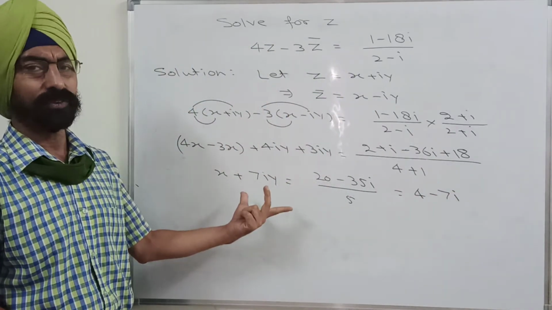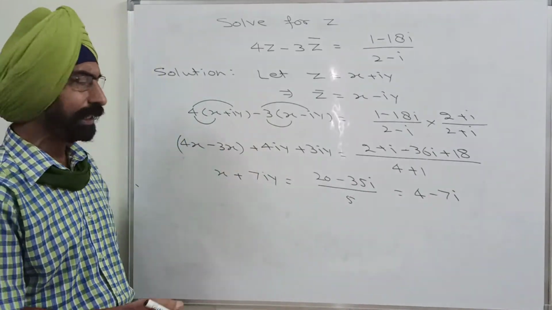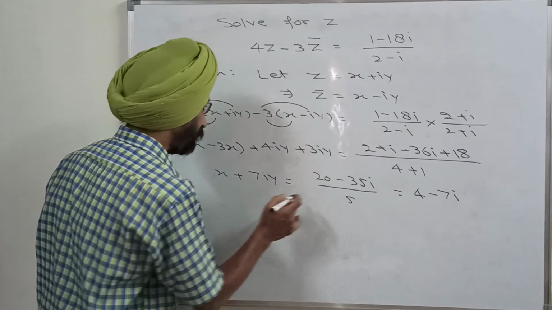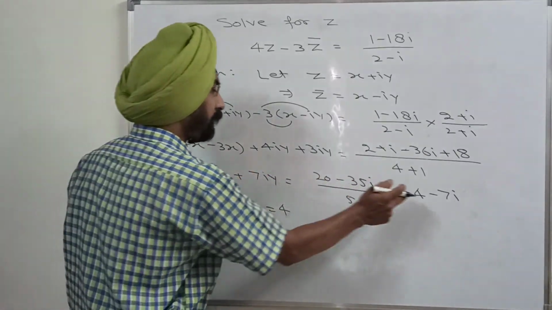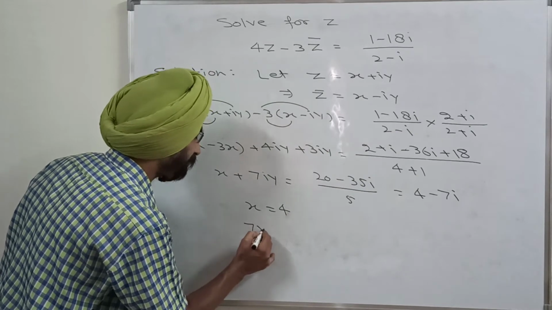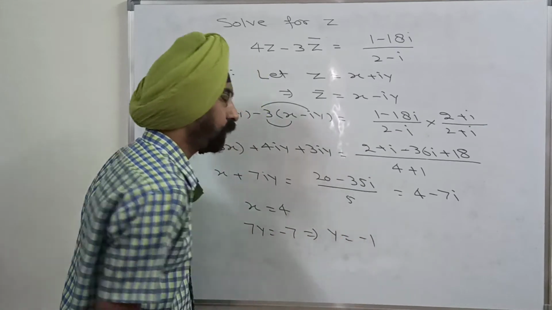And now the question is very easy. You just have to equate real and imaginary parts on both sides. Equating real parts on both sides, you will get x is equal to 4, and equating imaginary parts on both sides, your 7y will be equal to minus 7, which means y is equal to minus 1.